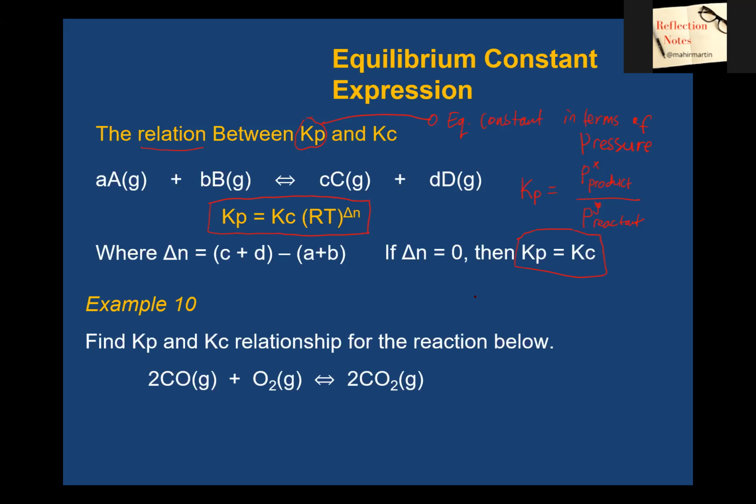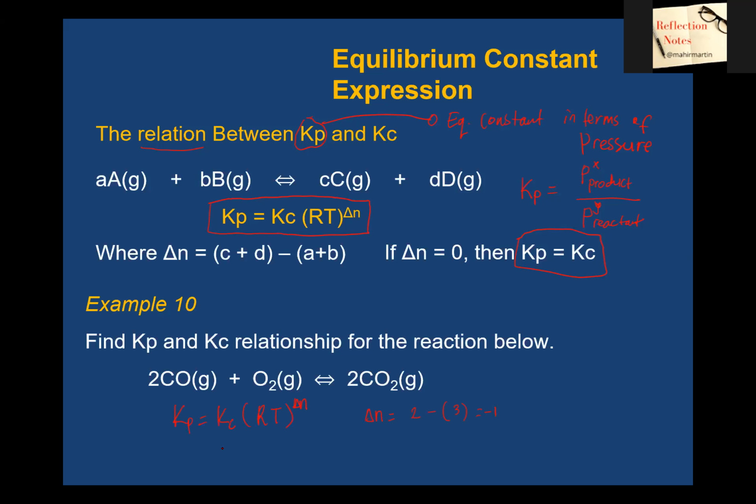For example, find the Kp and Kc relationship for this reaction below. Okay, it is very easy. Let me write here. Kp is equal to Kc (RT) to the power delta N, isn't it? Delta N is equal to 2 minus 3, so it is minus 1.